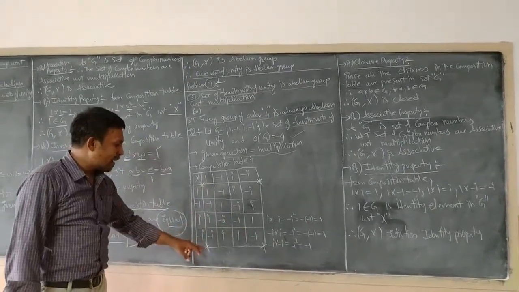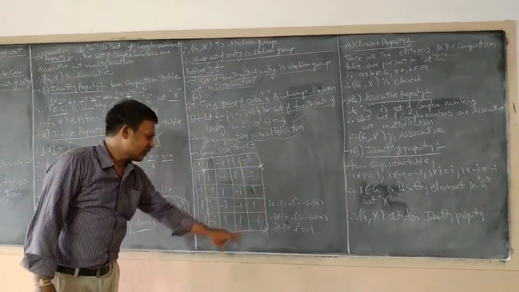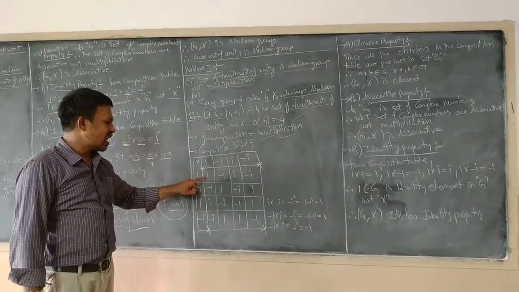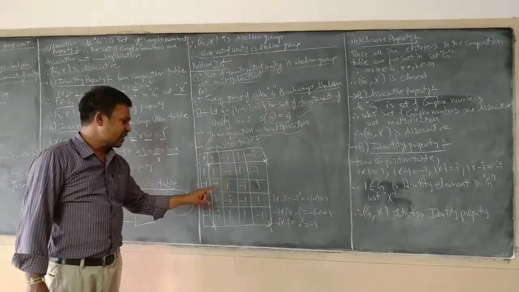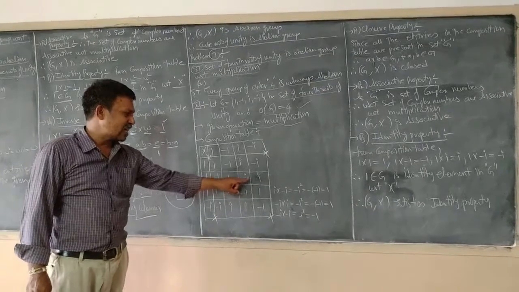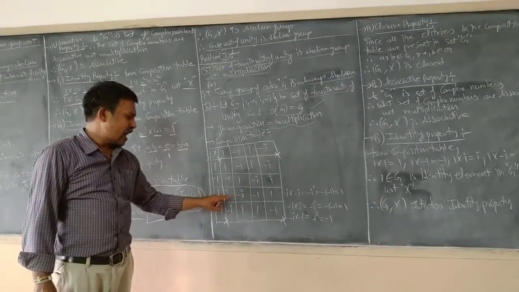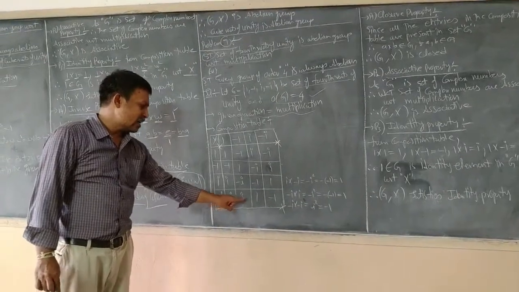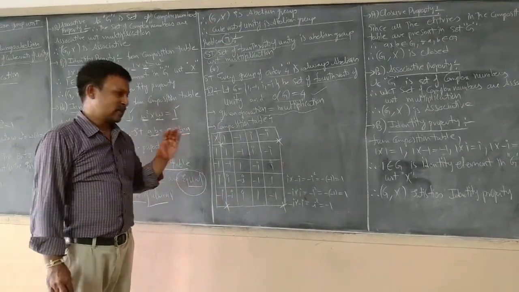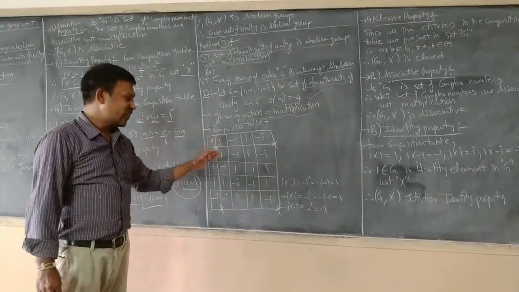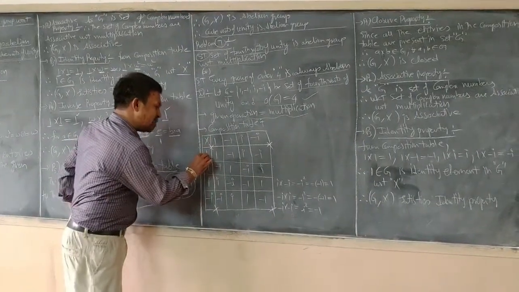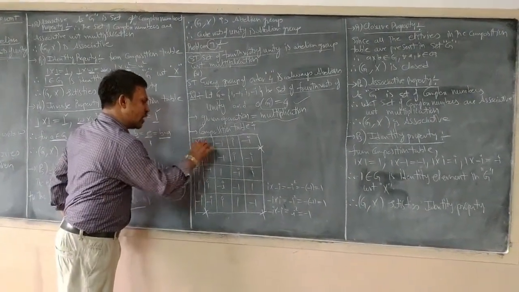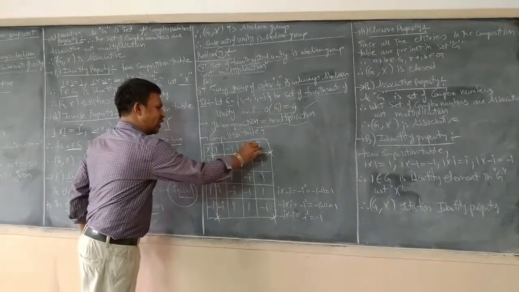The entries are marked with star marks. The entries are 1, -1, i, -i; -1, 1, -i, i; i, -i, -1, 1; -i, i, 1, -1. The entries are entered by taking the multiplication of 1 into 1, 1 into -1, 1 into i, 1 into -i.